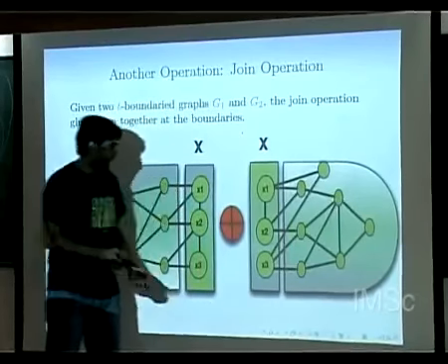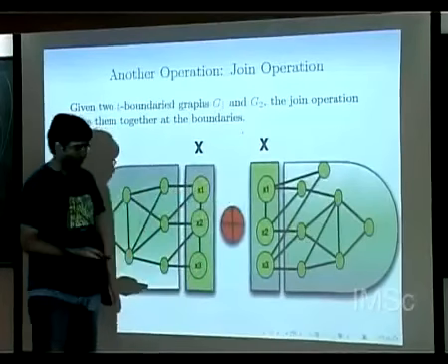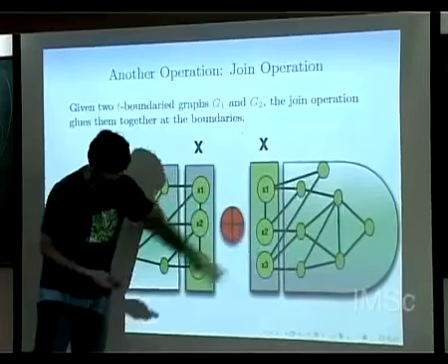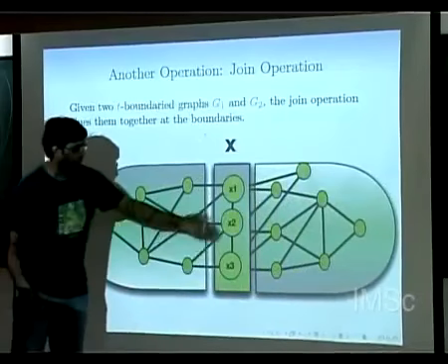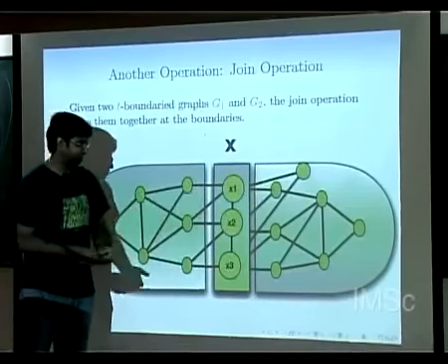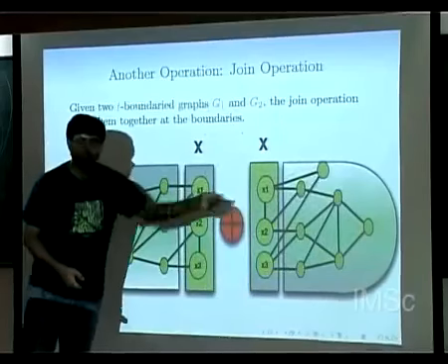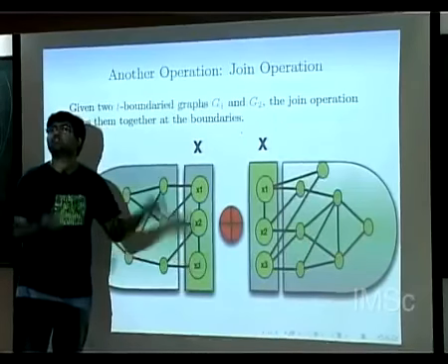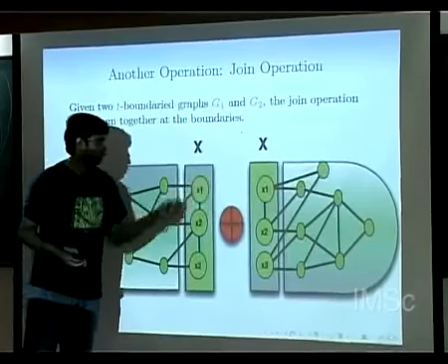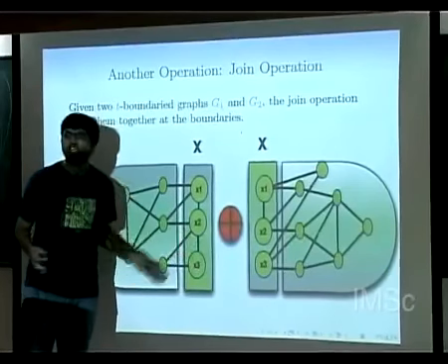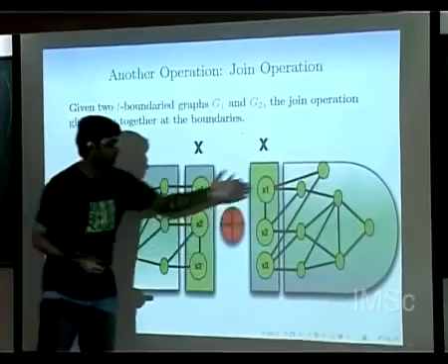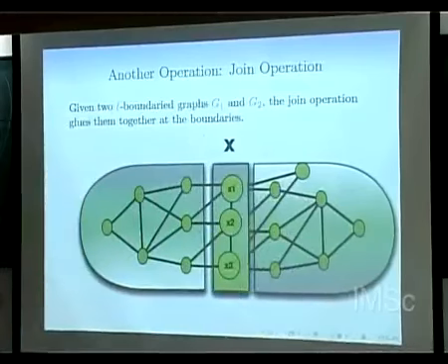And we take the union of all the edges. For example, here we did not have an edge between x2 and x3, but we have an edge between x2 and x3 now. And if there were some parallel edges, we can get rid of them, so you keep only one edge. So basically take the union of these edges. So you put x1 on x1, x2 on x2, x3 on x3, and you take the union of the edges which appear here. So this happens.